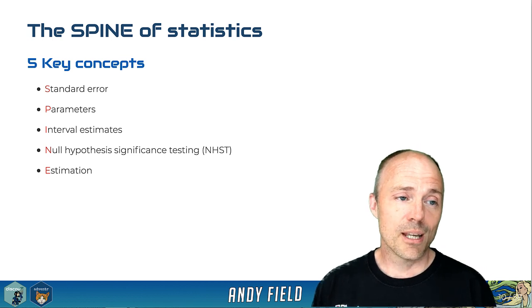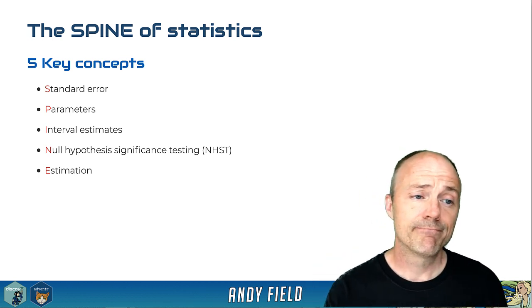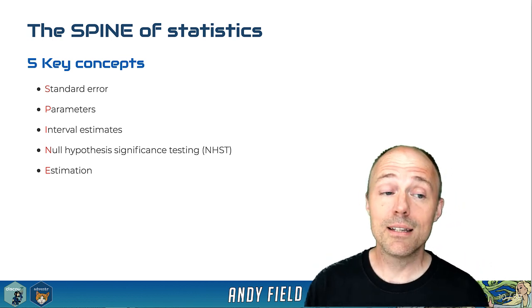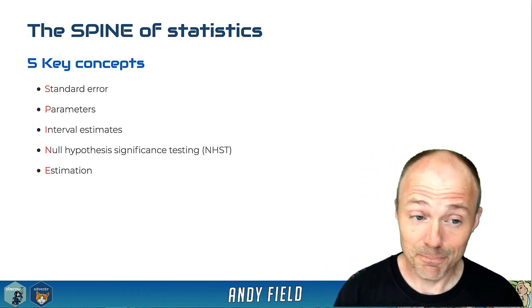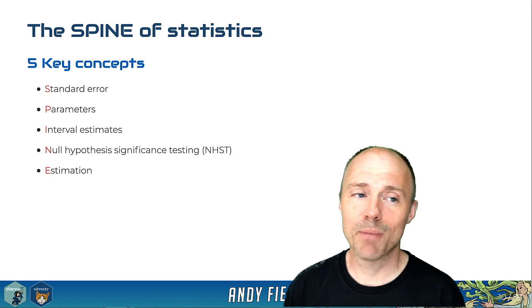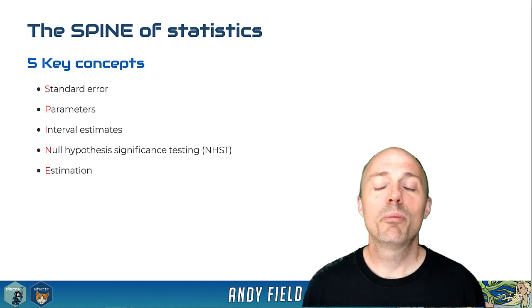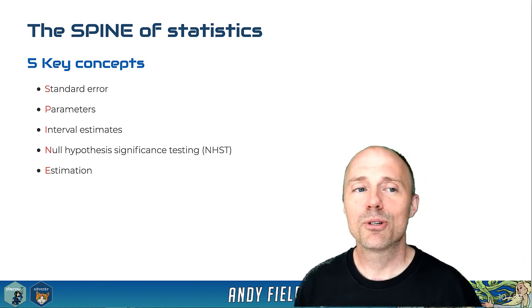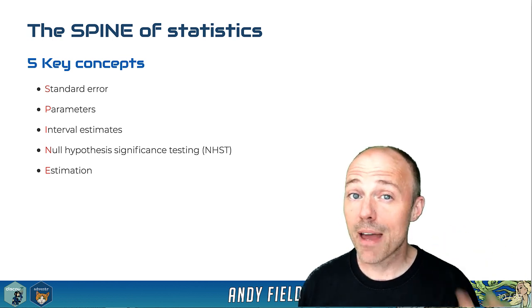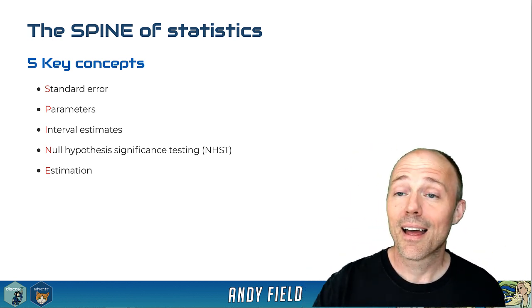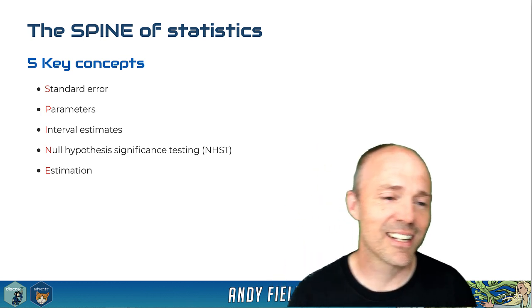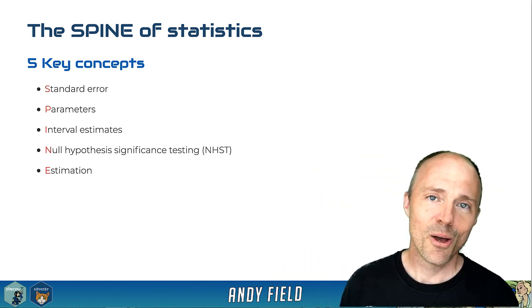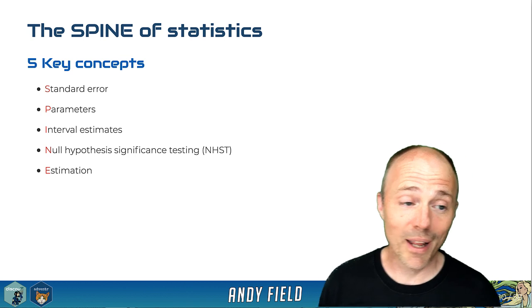And the 5 concepts are the standard error, parameters, interval estimates, null hypothesis significance testing, and estimation. So our job in the first few lectures is to go through these key concepts, because if you have them in place, everything else to some extent, nothing's easy in statistics, but everything else hopefully will fall into place for you.